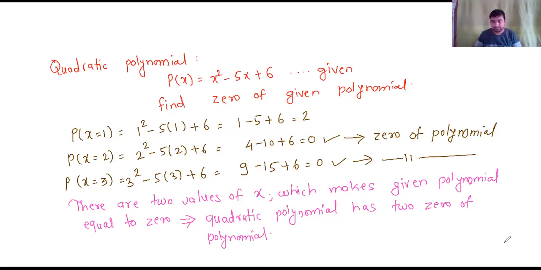So see here, when we talk of a linear polynomial, what we will do? Better we will make one table. So in the first column, the type of polynomial, and zero of polynomial. Okay, this is important.